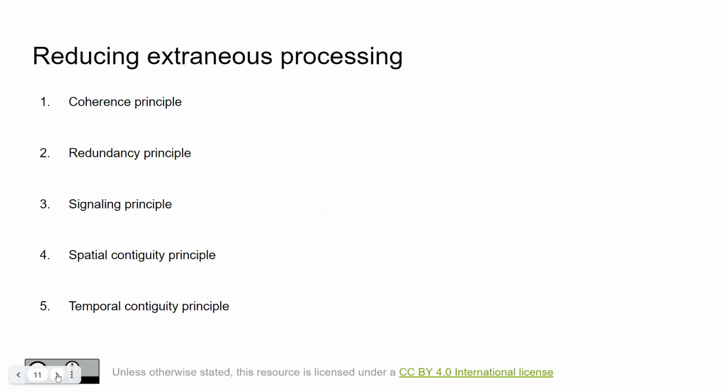He says, make it coherent, i.e., the coherence principle. Get rid of any redundancy. Anything where things are duplicated in multiple places and potentially multiple ways, get rid of that. Signal clearly. Is there a clear structure that's signposted and signaled for your students upfront that you regularly return to?